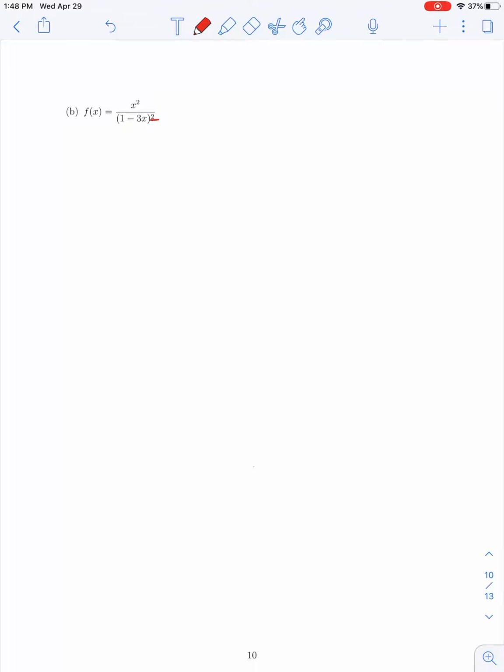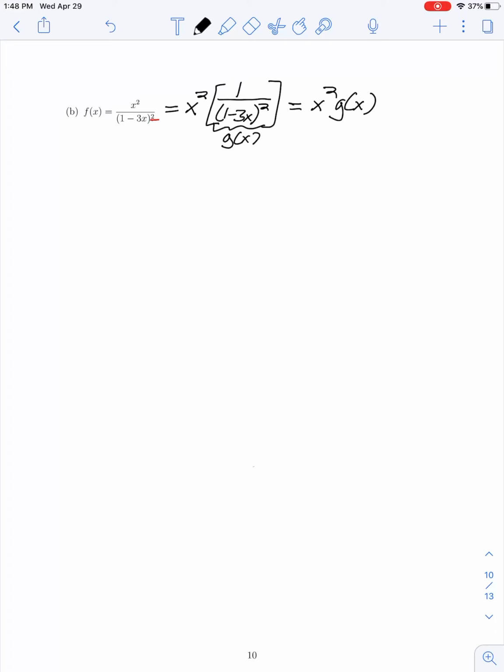So instead, we can try to make use of the same thing that we did in part A. So my function f of x, if I were to factor an x squared out from the numerator, I would be left with 1 over (1 minus 3x) quantity squared. So that is x squared, and now this function in square brackets, I'm going to call little g of x.